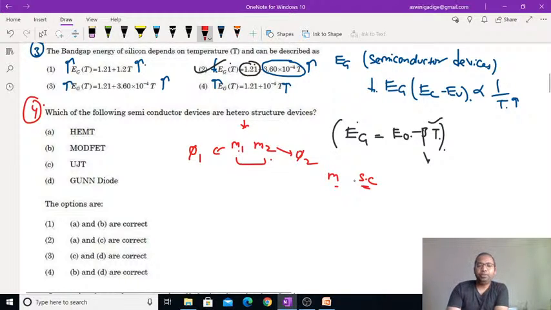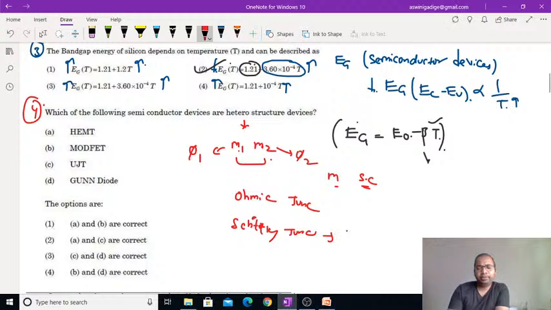Fine. So usually we have two different types of heterojunctions. Out of those two, one is the ohmic junction, and the second one is the Schottky junction.